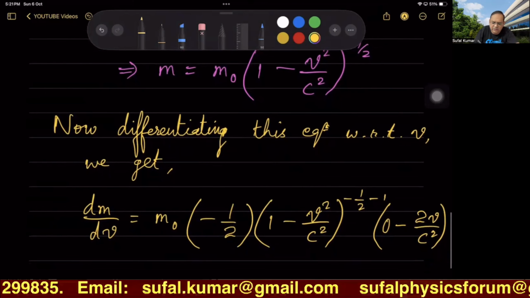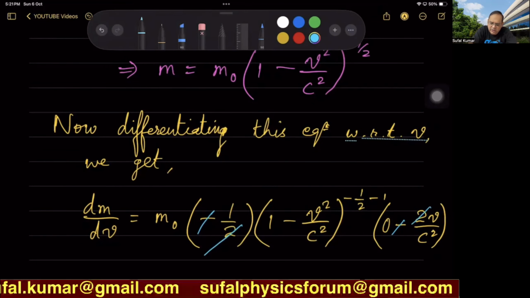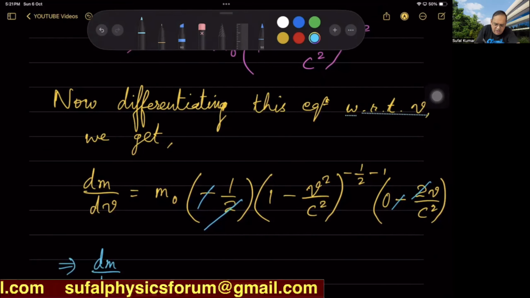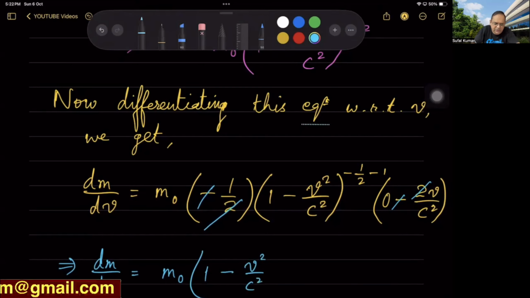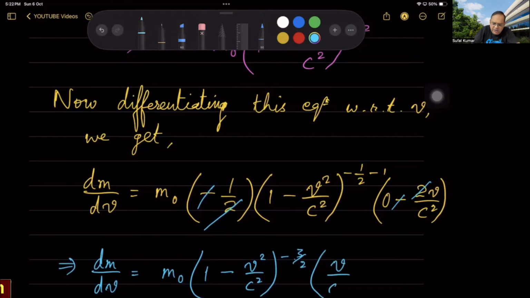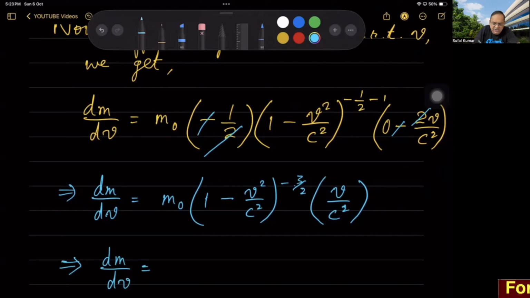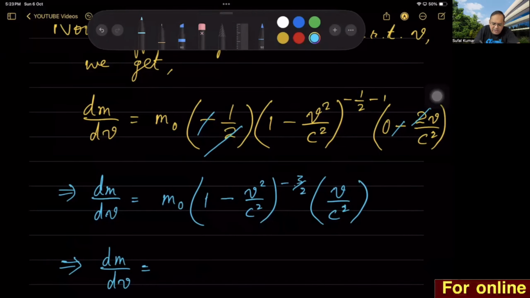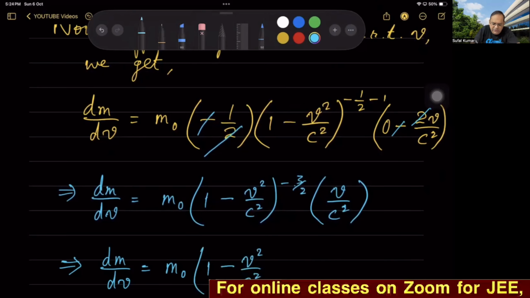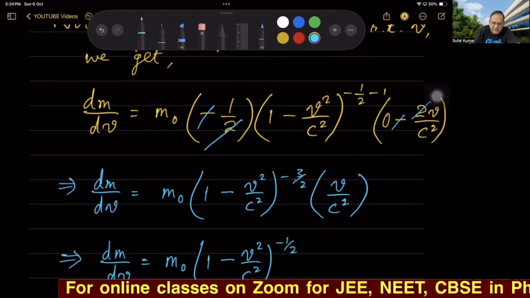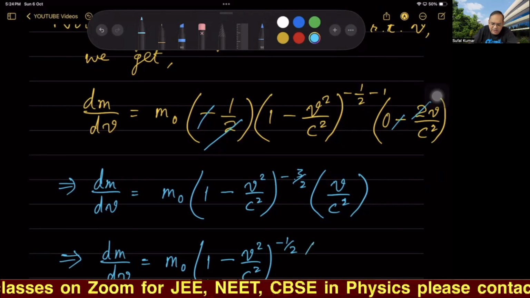Further solving, this minus cancels: dm by dv is m naught (1 minus v square by c square) raised to minus 3 by 2 into v by c square. Slight rearrangement of terms is to be taken: m naught (1 minus v square by c square) raised to minus 1 by 2 into minus 1 into v by c square.